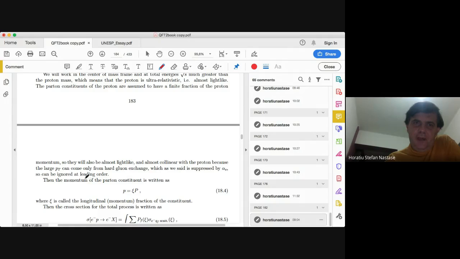Because if the large momentum transfer can only come from gluon exchange suppressed by powers of the strong coupling, then at leading order we can ignore that, and that means that the partons themselves are almost collinear. So let's consider that the momentum of the constituent parton, little p, is a finite fraction, that we'll call psi, of the total momentum of the proton that we called capital P.